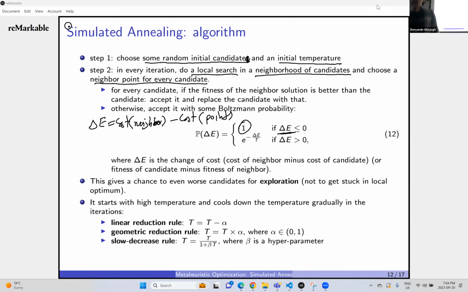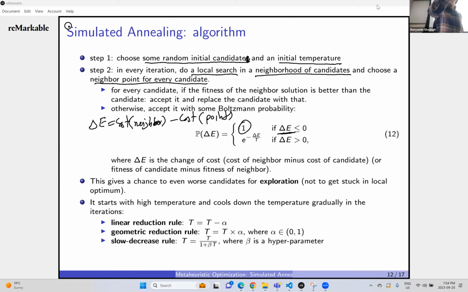Exactly here. So the main idea, the important algorithms in metaheuristic optimization, each of them has some main idea. The main idea of simulated annealing is giving a chance to worse candidates. Okay? Let's give a chance to worse candidates. But should I definitely accept the worse candidates?